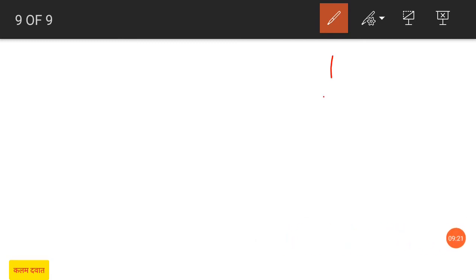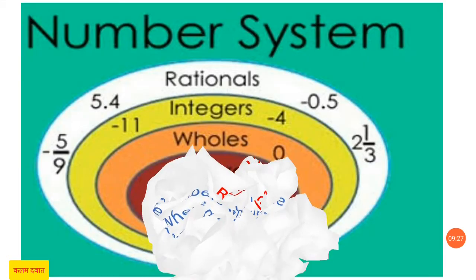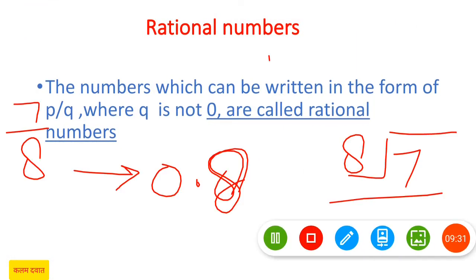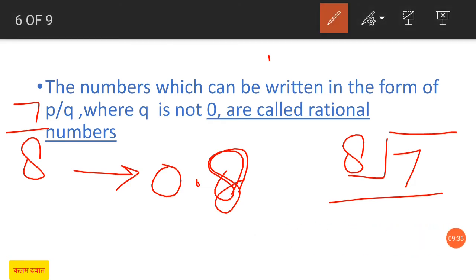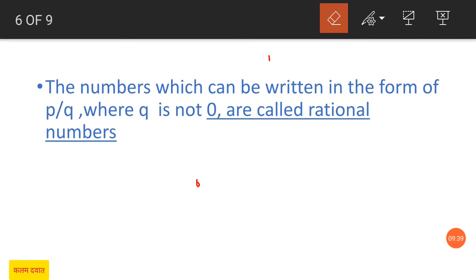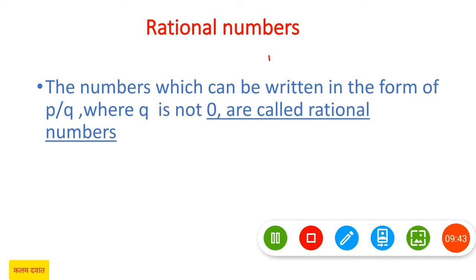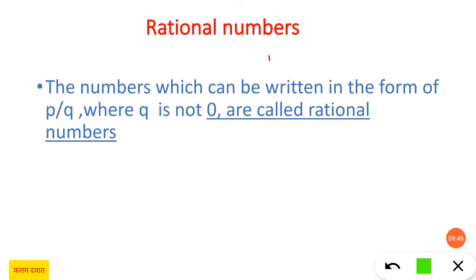Moving to the previous page. See, rationals. Again we are on rationals. First let me erase this. Now you have seen that rational numbers are of two types.